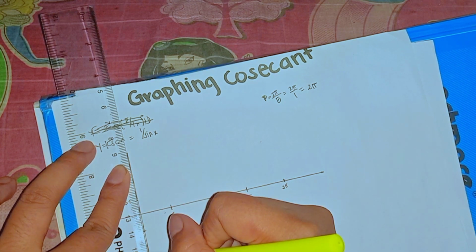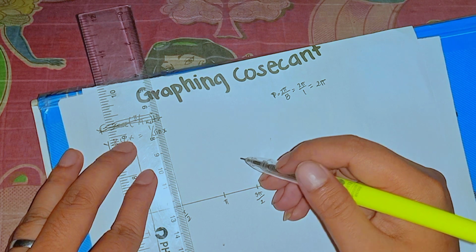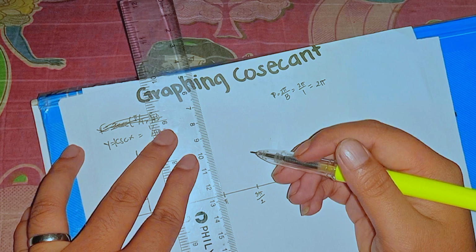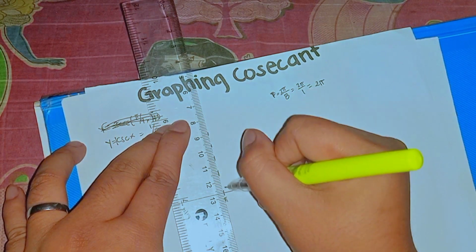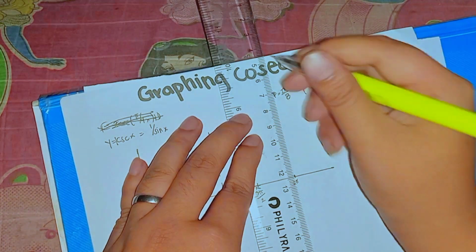Here, imaginary line. We'll put an imaginary line every 2 points. Imaginary line. And here.